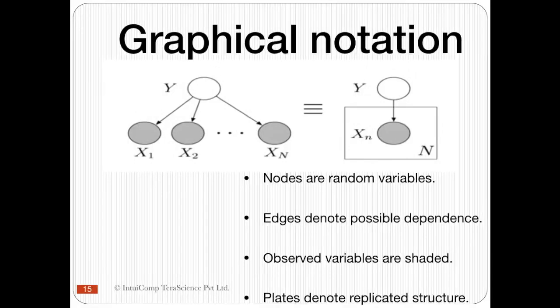Okay, now let's look at the graphical notation of LDA. The graphical notation is very interesting to look at. All of these circles are random variables and the shaded ones are observed variables. This means that these are the topics.